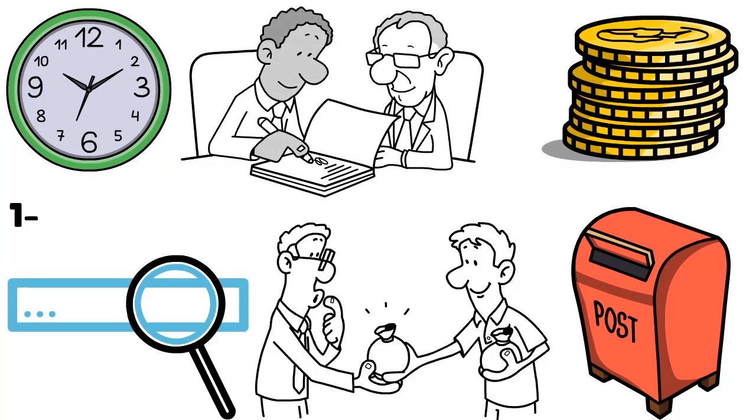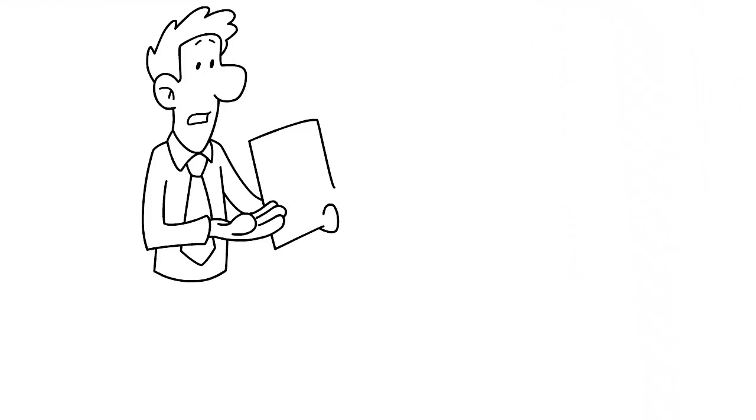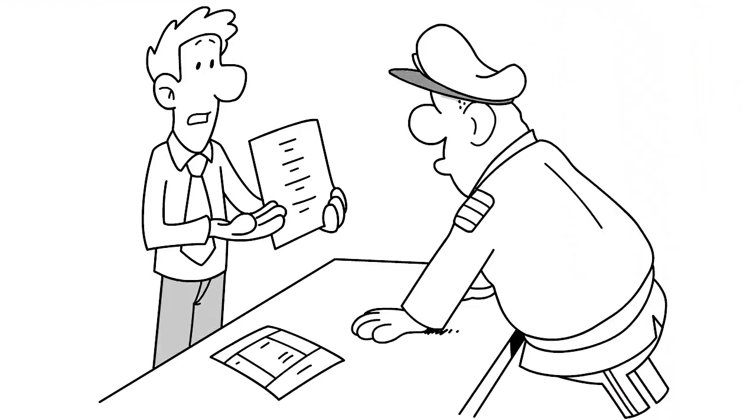Call 1-844-545-5640 to schedule an appointment at an IRS TAC that accepts cash. You should call 30 to 60 days before the day you want to pay. The IRS TACs that accept cash have security checkpoints to ensure your safety.